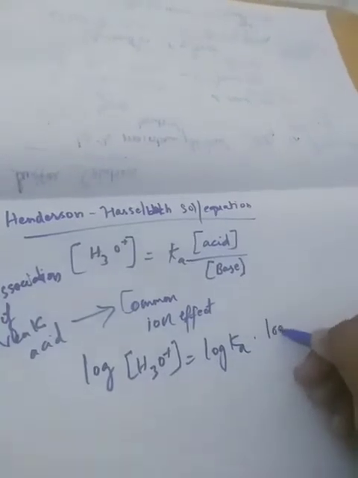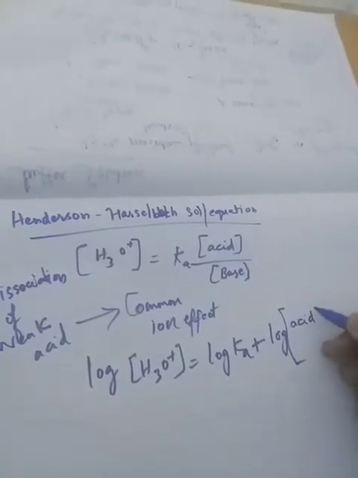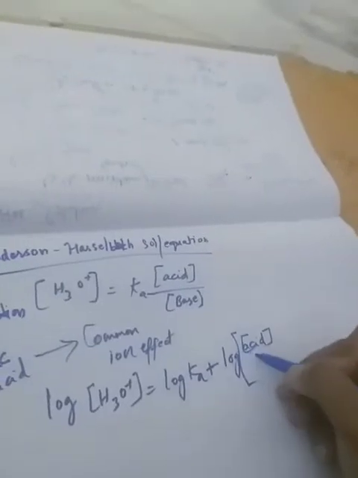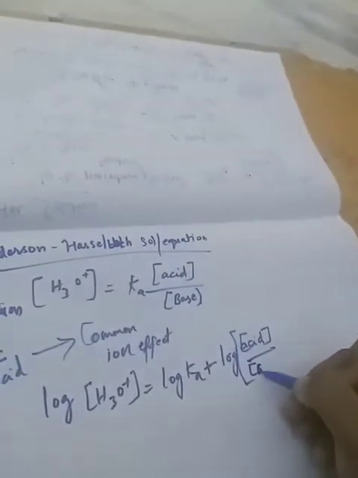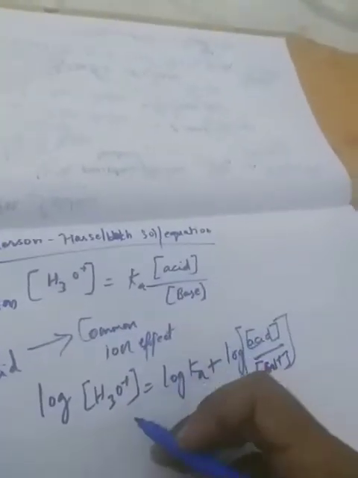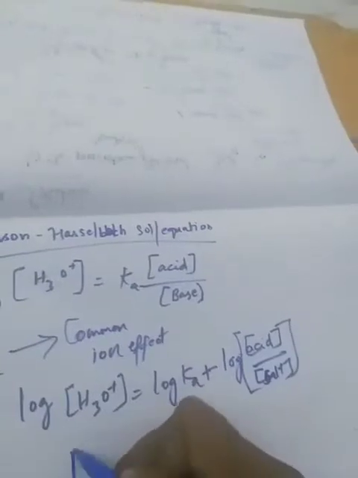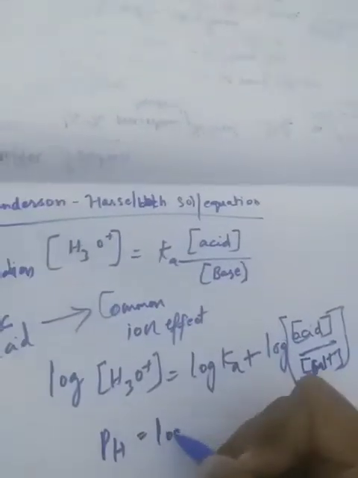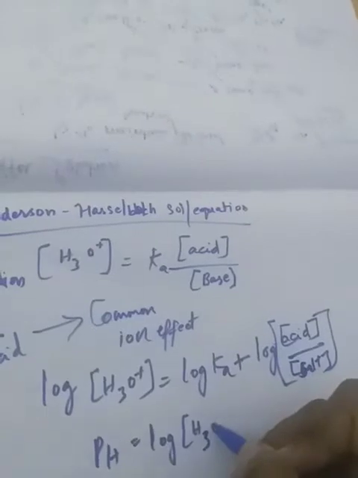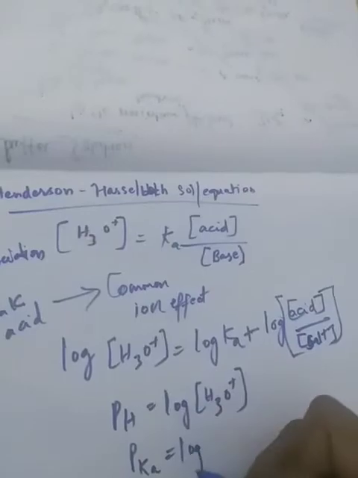So I will get it like this. So we know the pH equation: pH equals minus log H3O plus, and pKa equals minus log Ka.